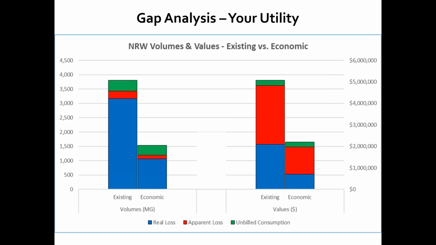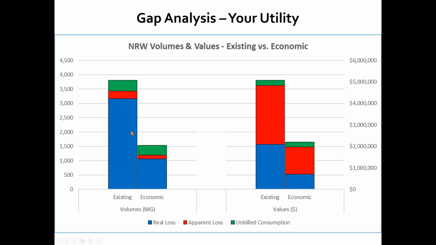On the left, the volumes, we look at volumes of non-revenue water by component. And we learned in our workshop and in our work together on the validation exercise the last round that blue is leakage, the red is the apparent losses, primarily losses through meter under-registration, and the green is unbilled consumption: municipal uses, firefighting, flushing, etc. So we have where you are today, that's the bar on the left, and where the optimal target from a cost perspective is, and what the gap between those two is.